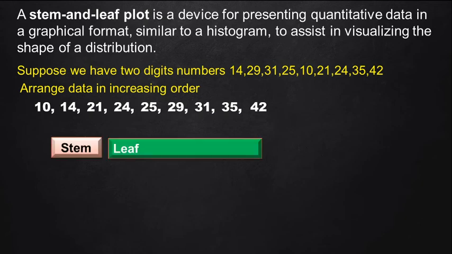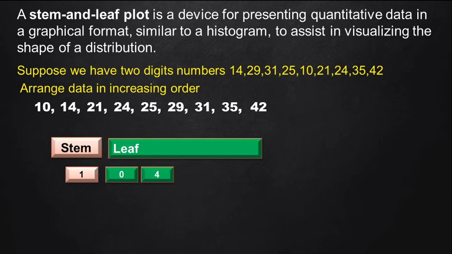Now, it forms like a tree, a stem will be there and leaves will be there. So, suppose we have these two values 10 and 14, 1 will form the stem and 0 and 4 will form the leaves.